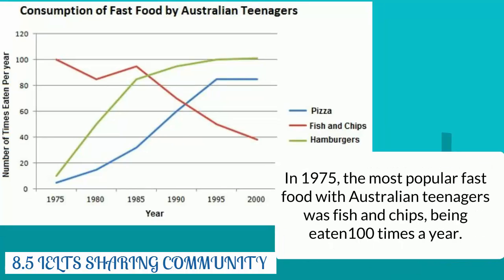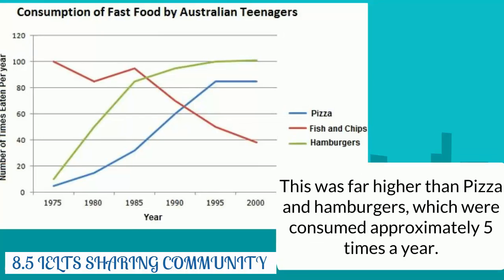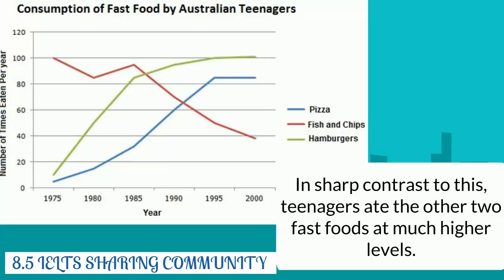In 1975, the most popular fast food with Australian teenagers was fish and chips, being eaten 100 times a year. This was far higher than pizza and hamburgers, which were consumed approximately 5 times a year. In sharp contrast to this, teenagers ate the other two fast foods at much higher levels.